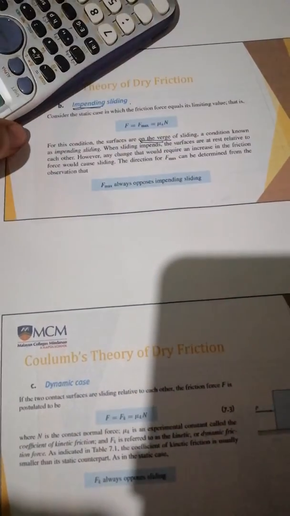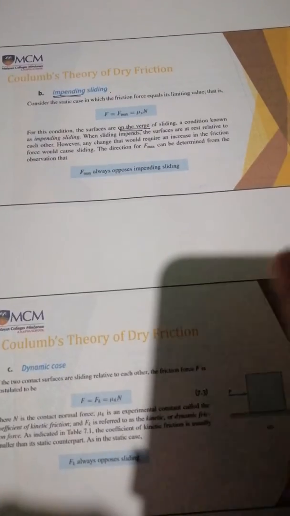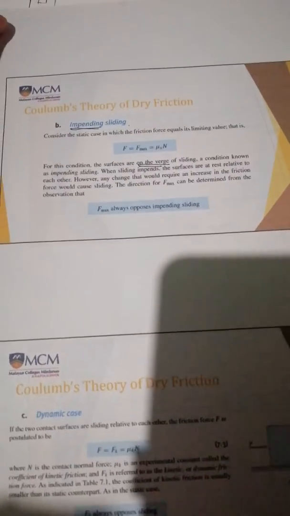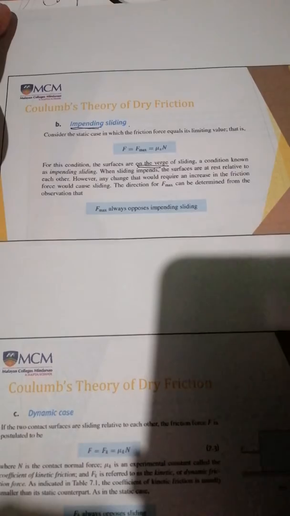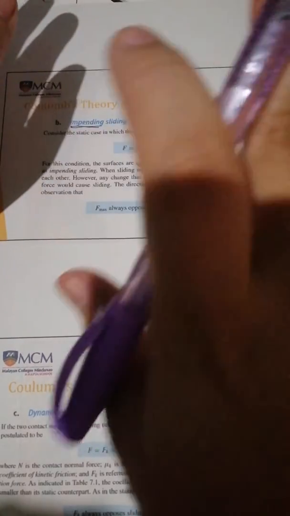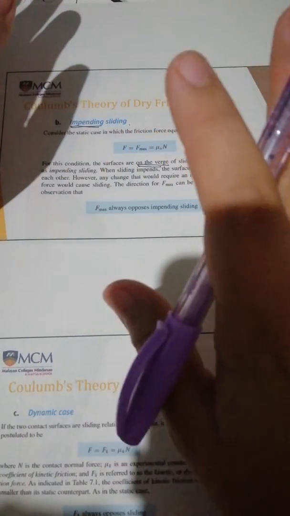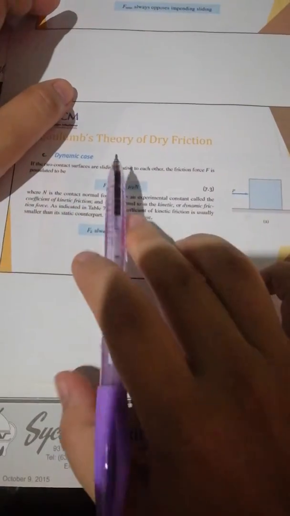So when you say it's on the verge of sliding, it means that just a very small amount of increase on the external force will cause the object to move.